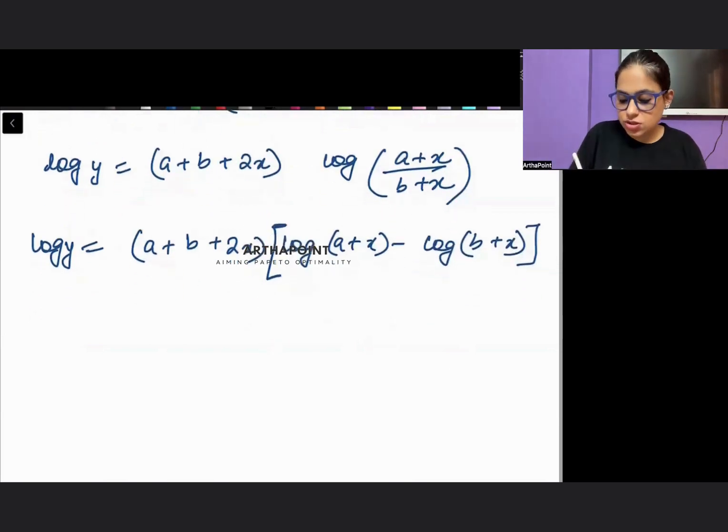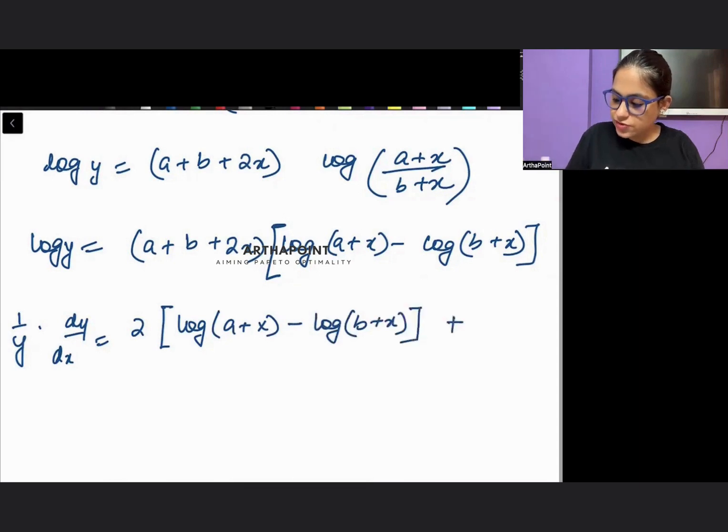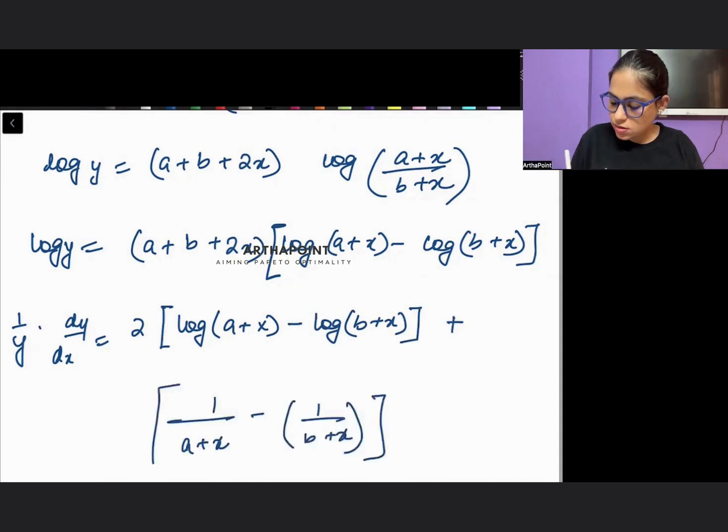Now let's differentiate. 1 by y dy by dx is equal to differentiation of the first function into the second as it is, plus differentiation of the second function into the first as it is.